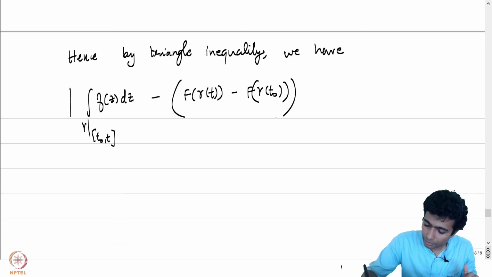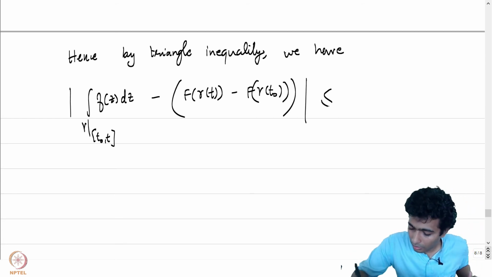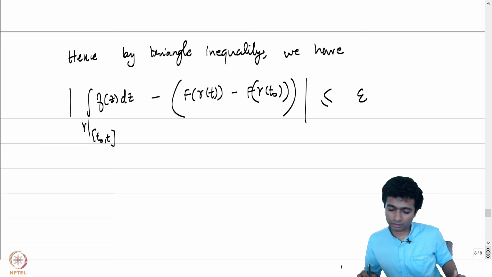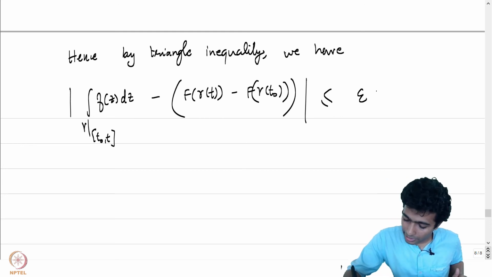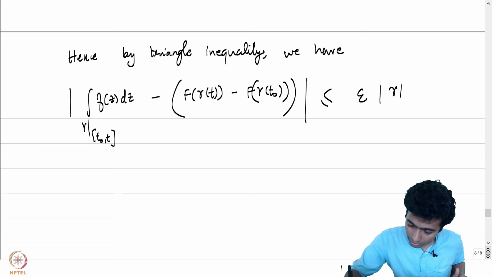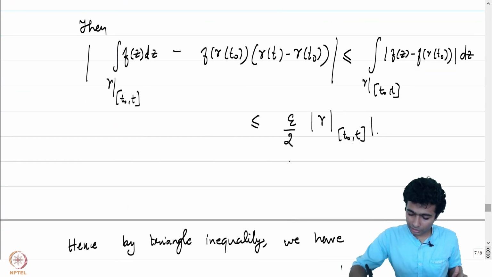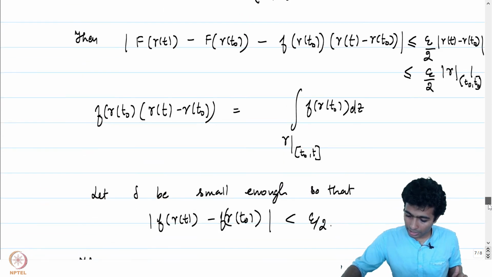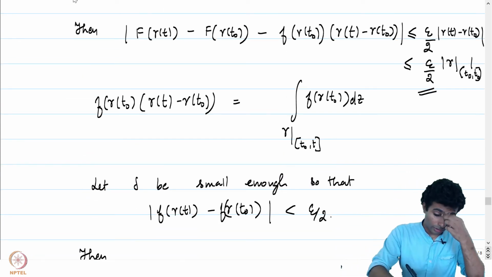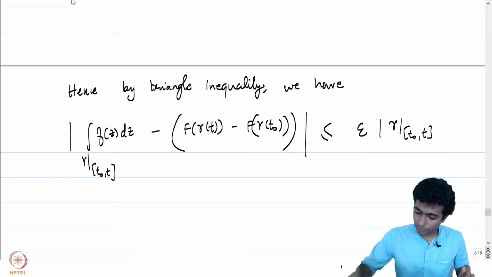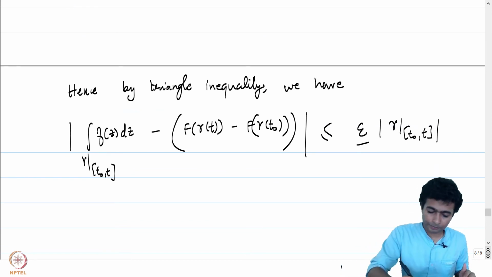This term is approximated by epsilon times the arc length of gamma restricted to T naught comma T. Notice that the epsilon by 2 was picked precisely for that. There is this epsilon by 2 and there is this epsilon by 2. Both of them will contribute to the epsilon here.